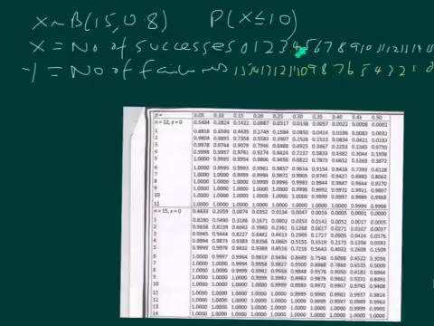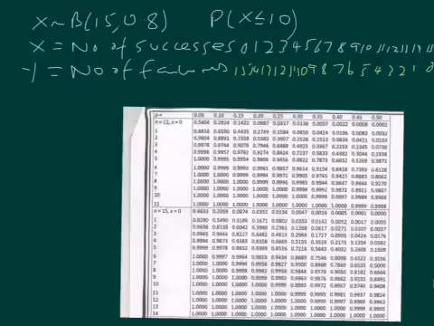So x is the number of successes. For example, if there's 3 successes, there must be 12 failures. If there's 10 successes, there must be 5 failures. If there's 13 successes, there must be 2 failures. I think setting it out like this is quite important. I've had to squash it in on this, but you could set it out with a little bit more clarity.